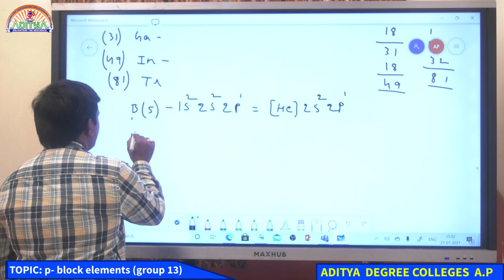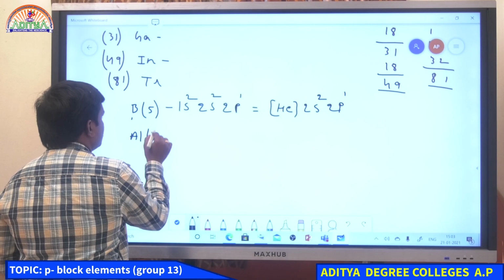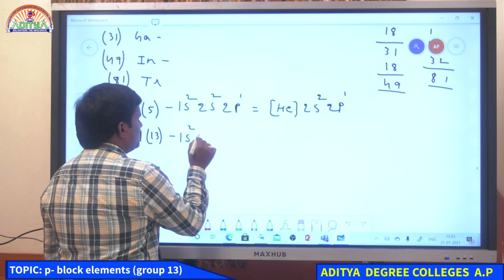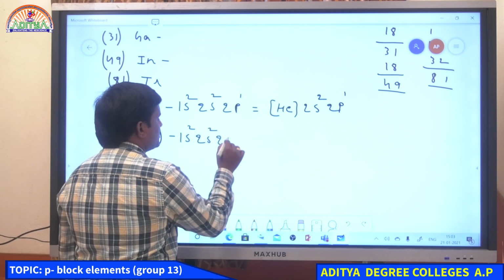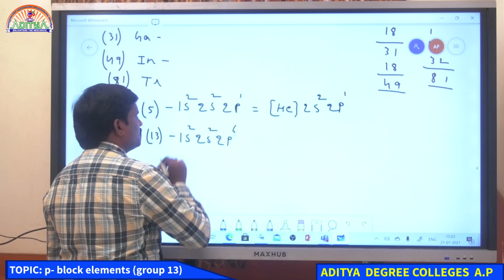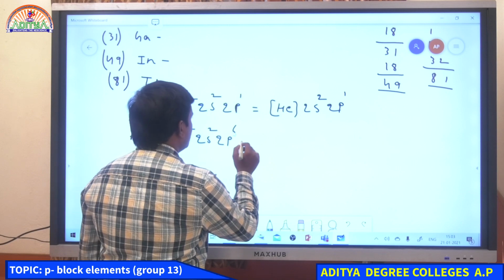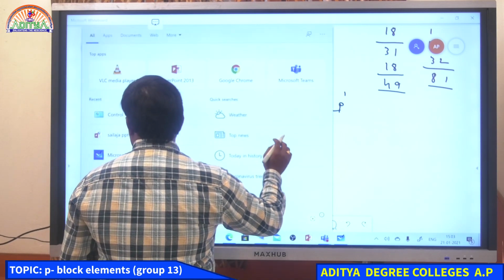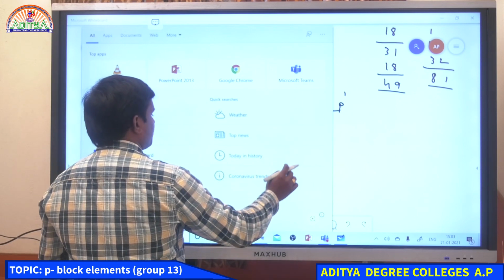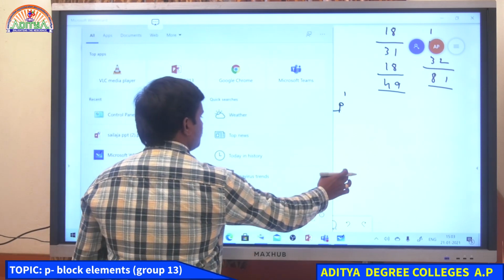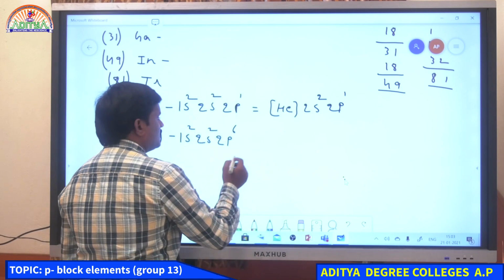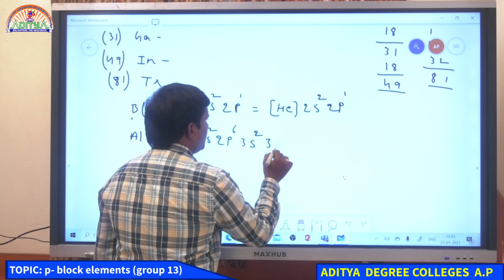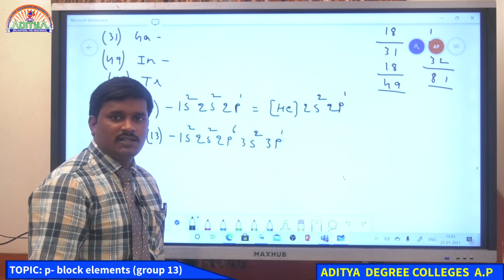Similarly, aluminum, it is 13. So the configuration is 1s2, 2s2, 2p6. So total 10, so there are remaining 3 electrons. The next one is 3s2, 3p1, so totally 13 electrons.